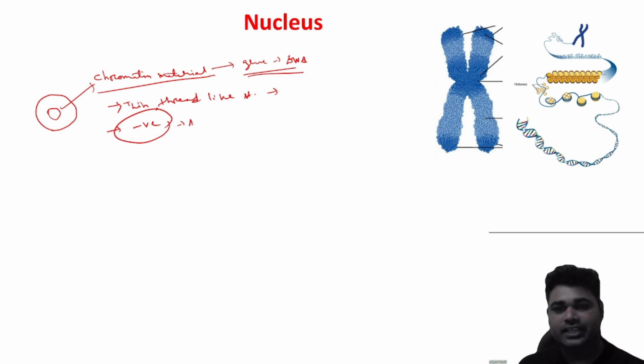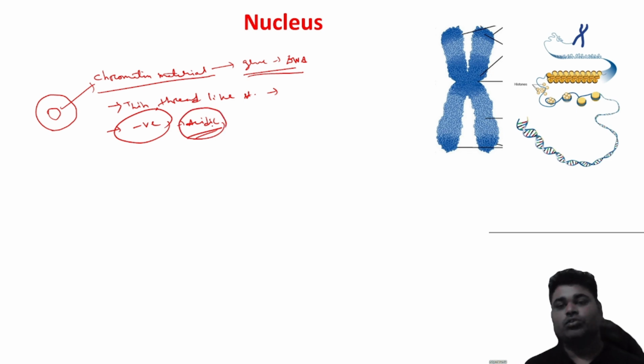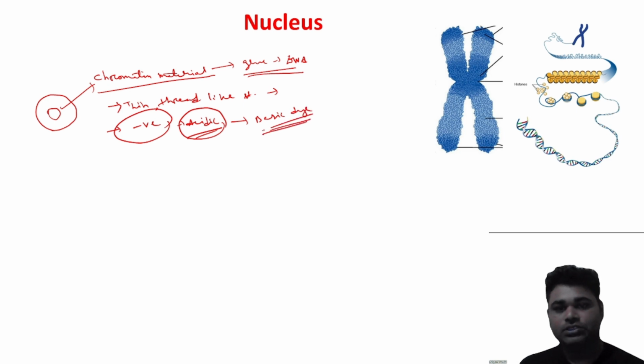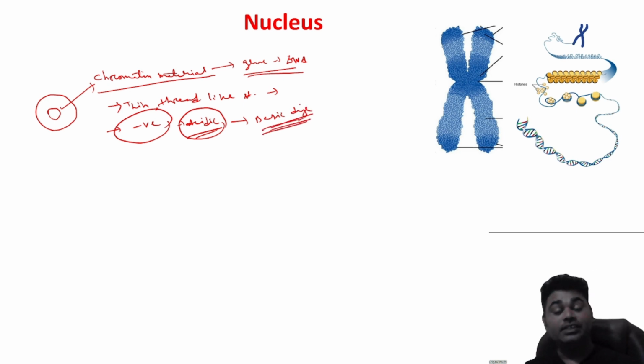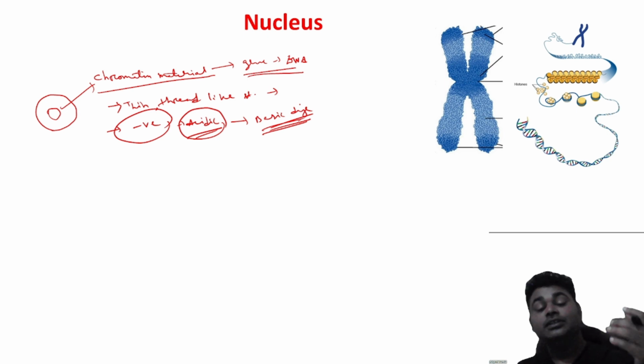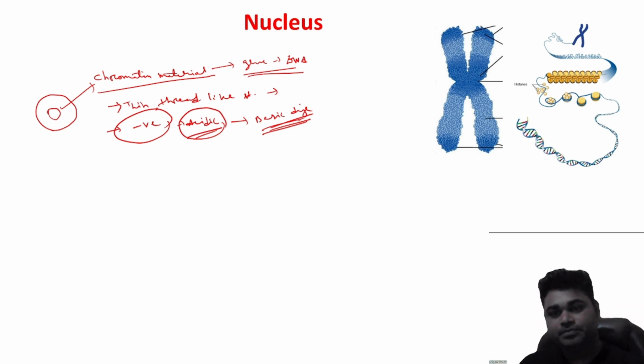Negative means it is acidic. Because the chromatin material is acidic, it is stained by the basic dye. You should always know that the chromatin material is itself acidic, so it can only be stained by the basic dye.